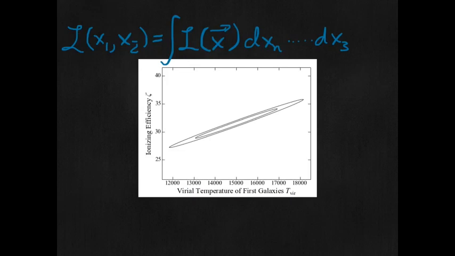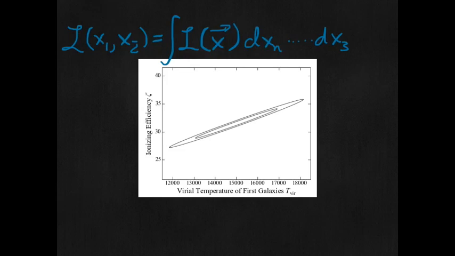And here I've shown two sets of contours, that are both contours of constant likelihood in this two-dimensional plane. And immediately you see that these two variables are correlated. You see this orientation of these ellipses. These are slanted up and to the right. If I measure a larger value for T virial, I'm likely to measure a larger value for the ionizing efficiency.